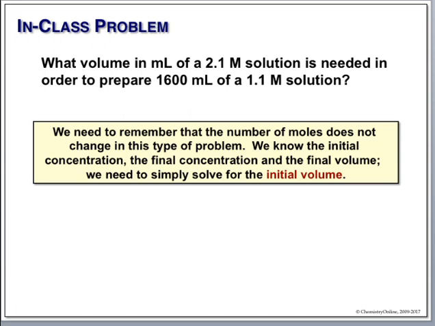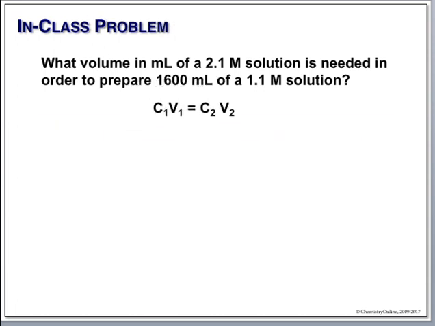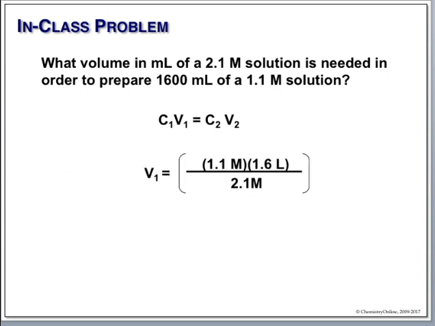V1 is going to be C2 V2 divided by C1, right? 1.1, that's C2. 1.6, that's V2. And our initial concentration is 2.1.